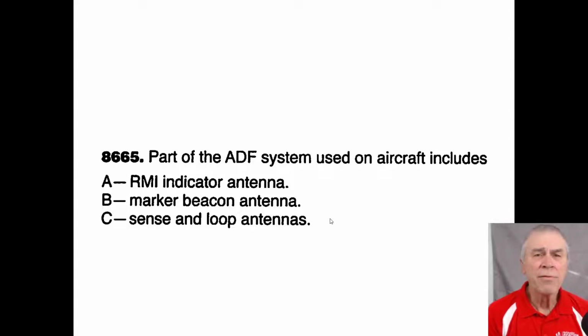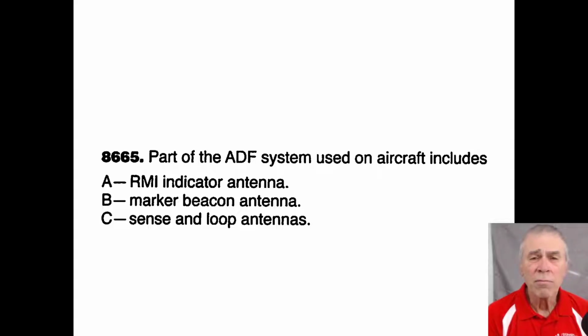Part of the ADF system used on aircraft includes, so what is part of the system? There was a receiver, there was an antenna. Oh, it's the type of antenna. There's three different options of antenna: RMI indicator, marker beacon antenna.